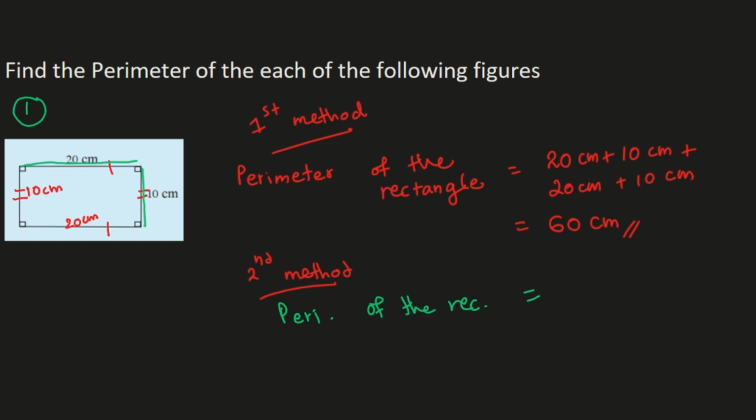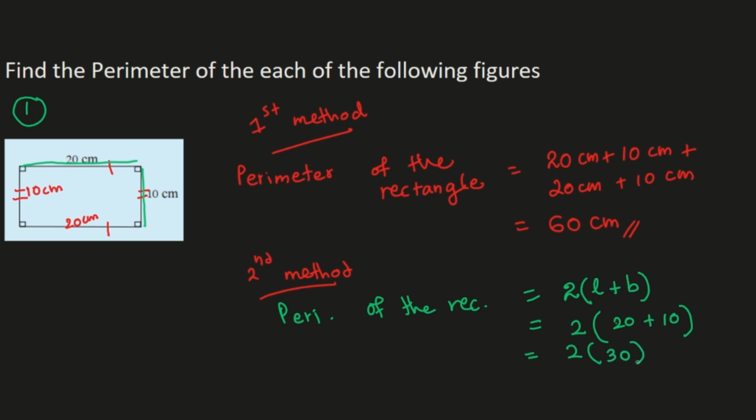We are adding the length and the breadth together and simply multiplying that value by 2. So I wrote an expression here: 2 into (L plus B), length plus breadth, it's 20 plus 10. What's the answer? You know that 20 plus 10 is 30.